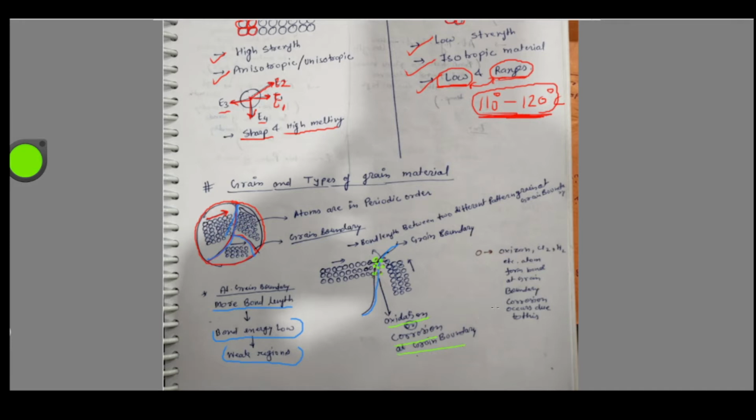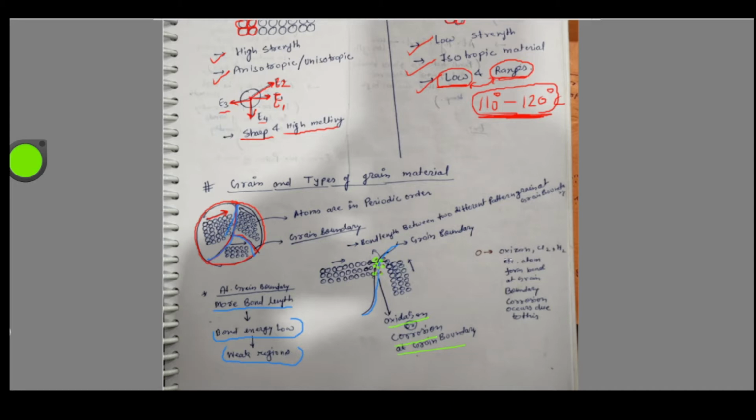So at the boundary region, the more the boundary length, the lower the bond energy, and this will be the weak region. Means the greater the boundary length or the greater the grain boundary, the weaker the region. The reason is that oxidation takes place on the grain boundary, and due to this oxidation corrosion will occur.